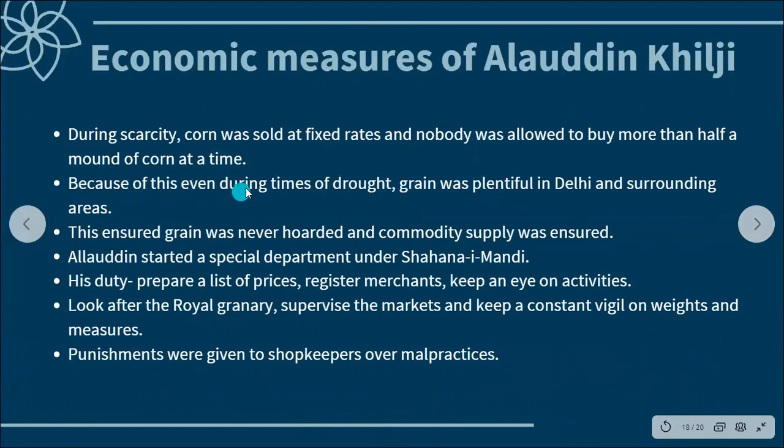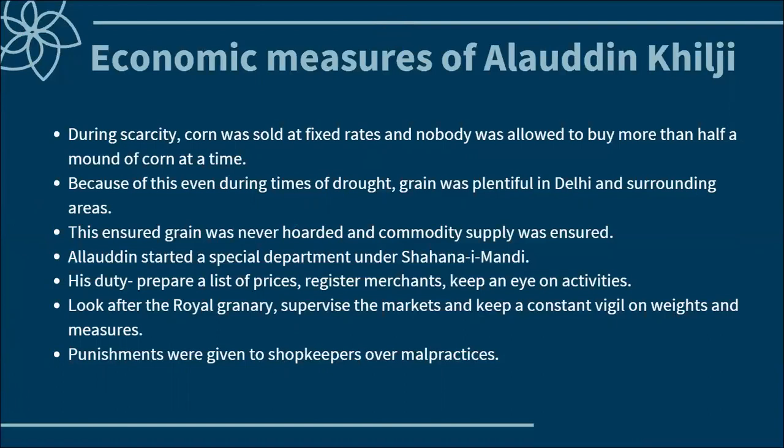Now, because of this, even during times of drought, right, grain was always plentiful in Delhi and the surrounding areas, right? This also ensured that the grain was never hoarded, and commodity supply was ensured, right? Often in times of scarcity, people keep things to themselves so that later on they can sell it in black or at higher prices.